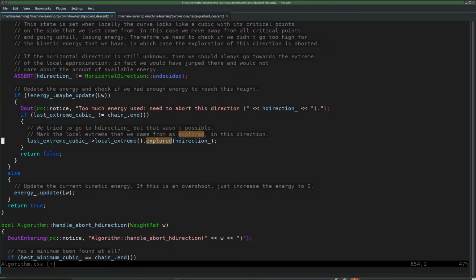Okay, point 2. We find a new local extreme by exploring in the direction left right from a previous extreme, and it is adjacent. There is no extreme in between. That the previous extreme is marked as explored in that direction.